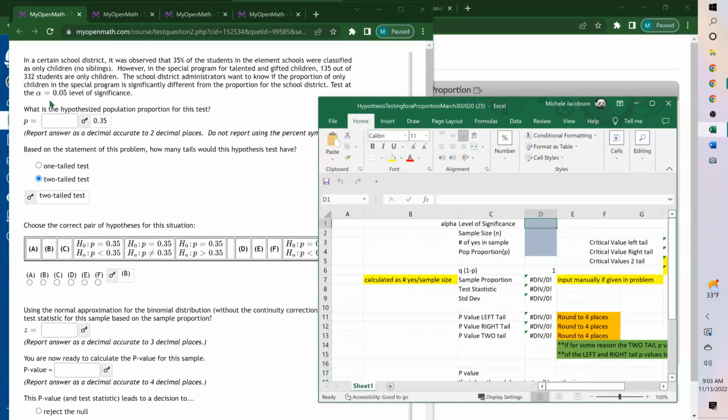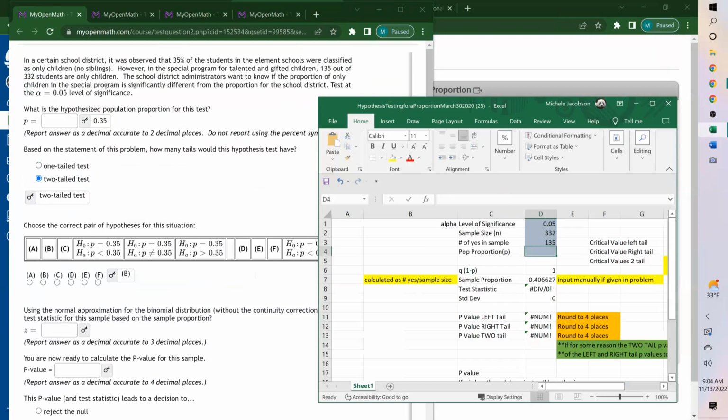Our alpha is 0.05 as a decimal. Sample size is 332, and the number in the yes would be 135.